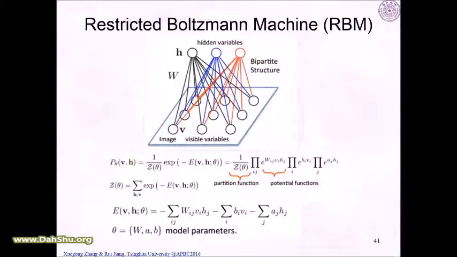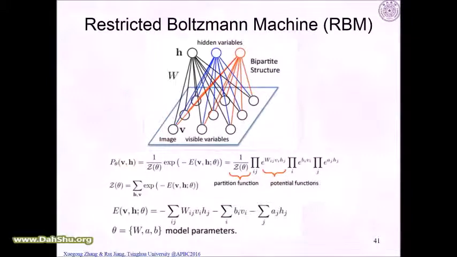The joint distribution of the visible and hidden variables is a kind of exponential distribution of this form. It's an exponential of some energy function. The energy function is defined as the weighted sum of the products of the nodes of these two layers, and the weighted sum of the values of each layer.